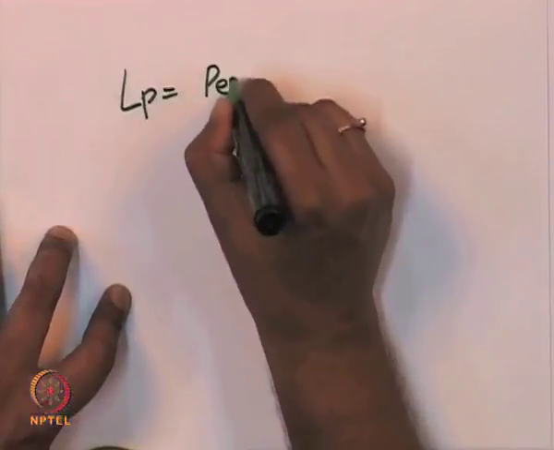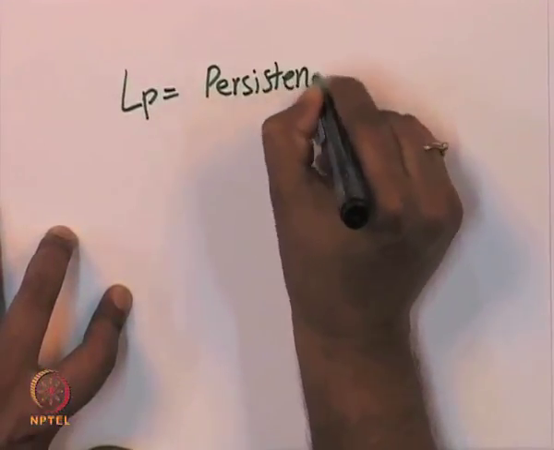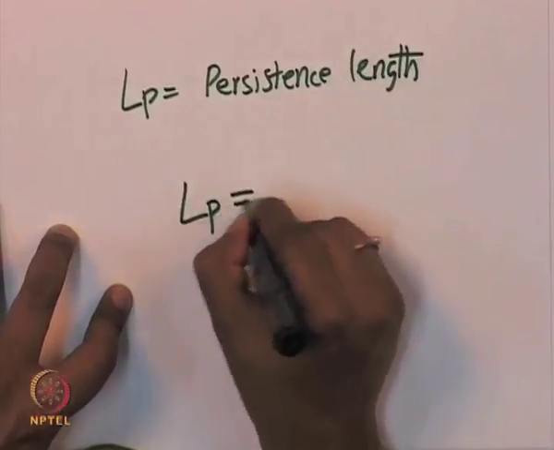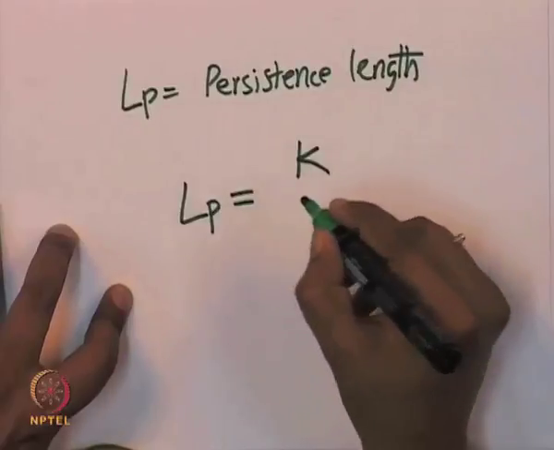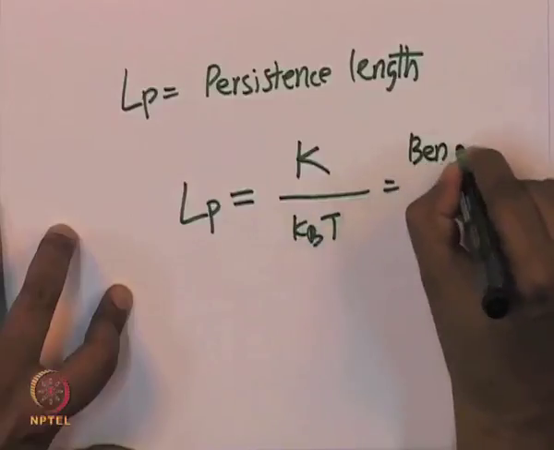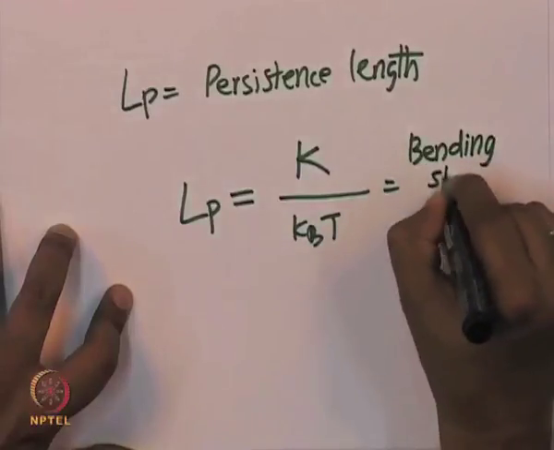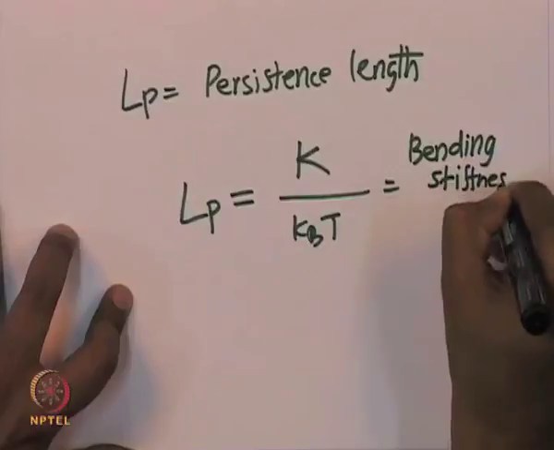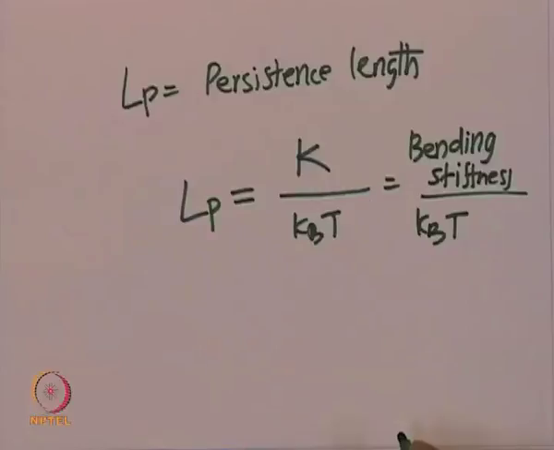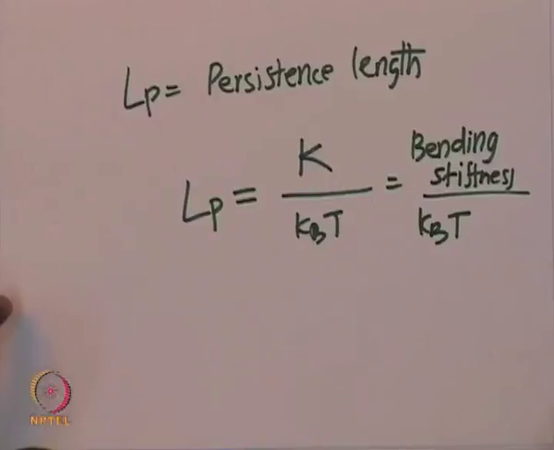L_p, the persistence length, tells you how stiff it is. It turns out to be the bending stiffness divided by kBT, so it measures how stiff it is to bend.